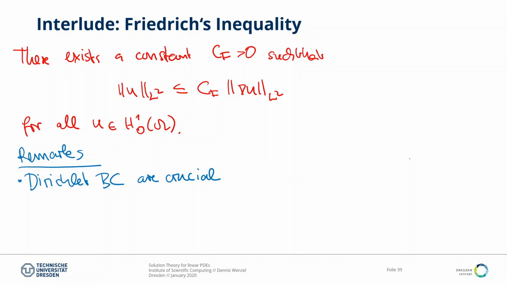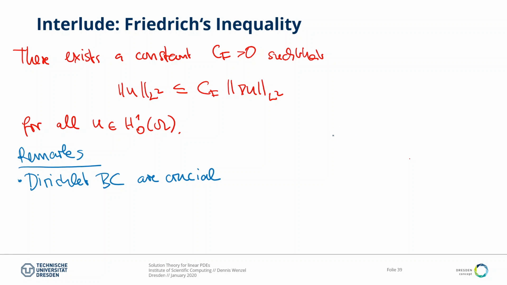That's kind of the whole idea. When you can control the gradients, because that seems to be the case here on the right hand side, and you also can control the function values on the boundary, then you have control over the function values too.